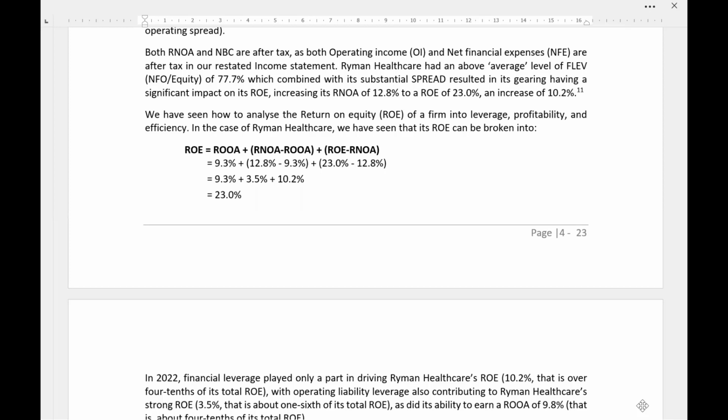In the case of Ryman Healthcare, we have seen that its return on equity can be broken into return on equity equals return on operating assets plus, in brackets, return on net operating assets minus return on operating assets, close brackets, plus, open brackets, return on equity minus return on net operating assets, close brackets, which equals 9.3% plus, in brackets, 12.8% minus 9.3%, close brackets, plus, in brackets, 23.0% minus 12.8%, close brackets, which equals 9.3% plus 3.5% plus 10.2%, which equals 23.0%.